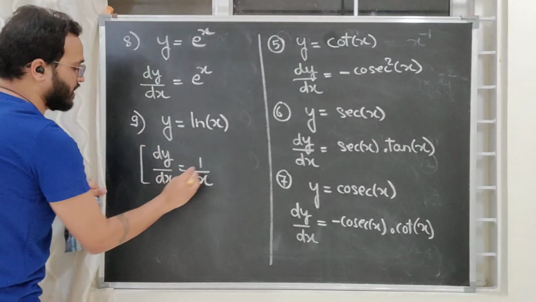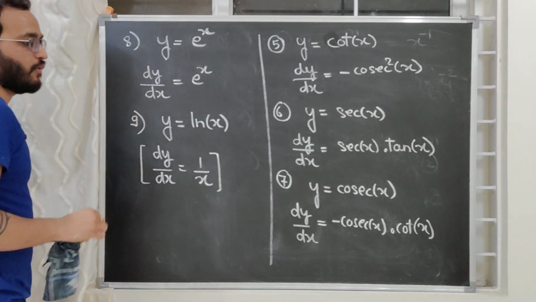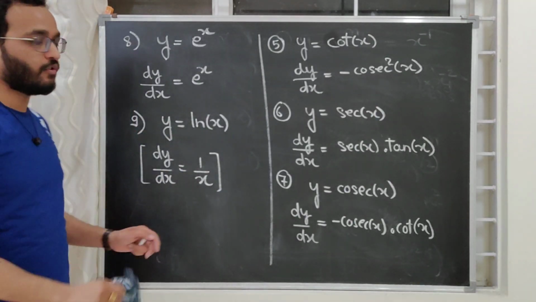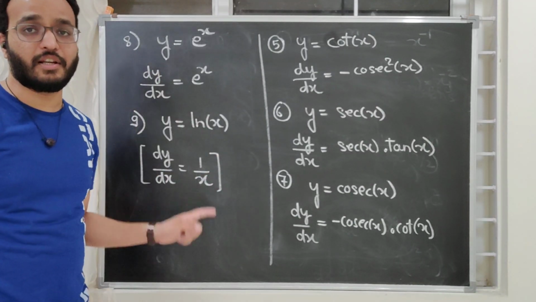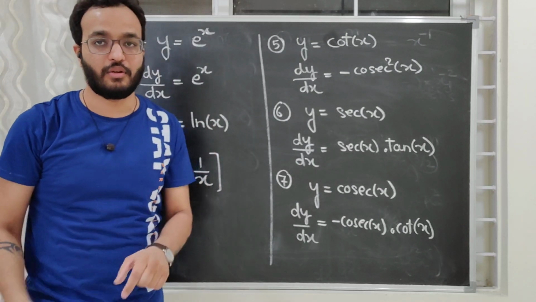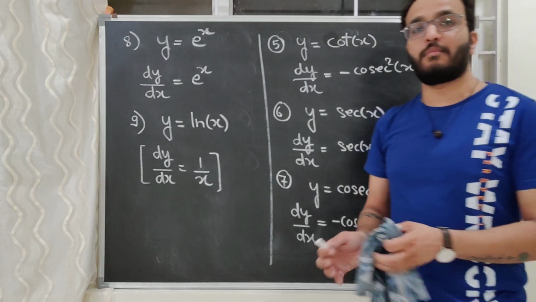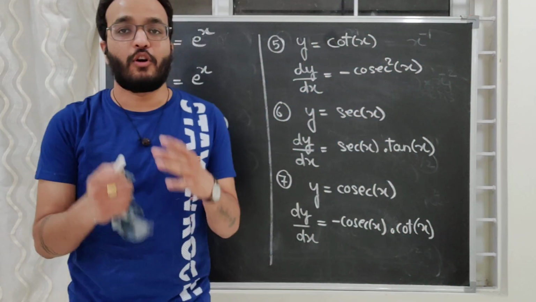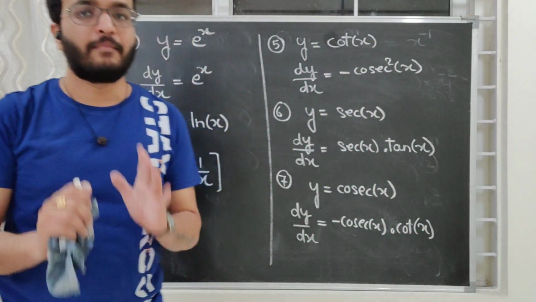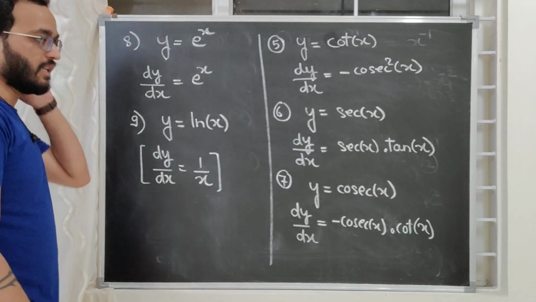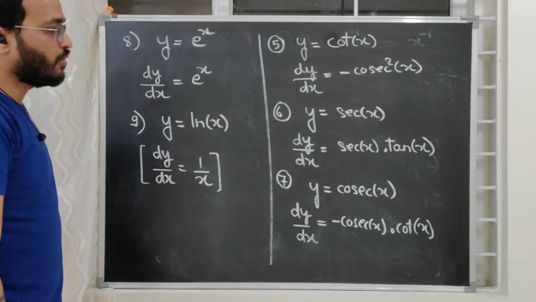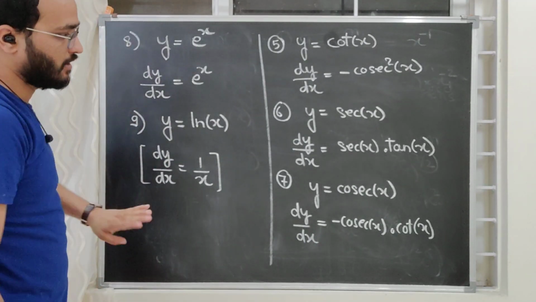So remember these 9 formulae. These 9 formulae are very critical and very important. Just remember them. I know you must be asking in your mind that, sir, but what is differentiation? So please wait. In the coming lectures, we will understand that. So don't panic, right?